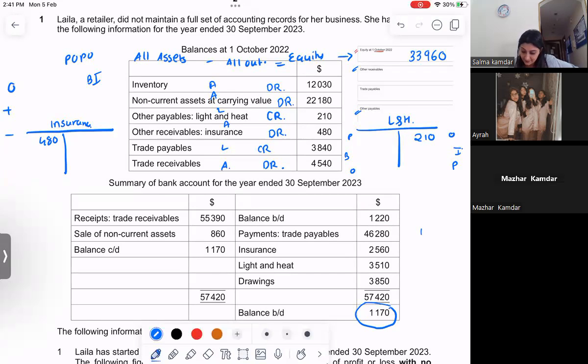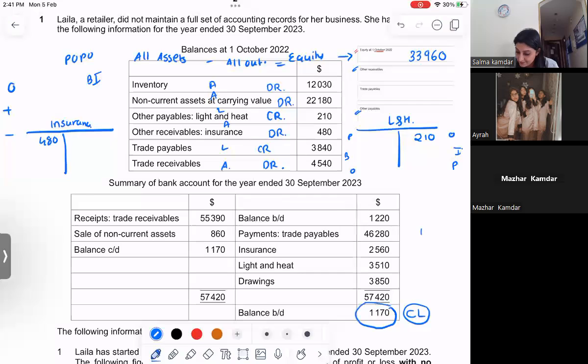Oh no, this is balance brought down, so it's current liability only. Okay. So just remember this. Now I am marking, keeping in mind the SOFP, statement of financial position.